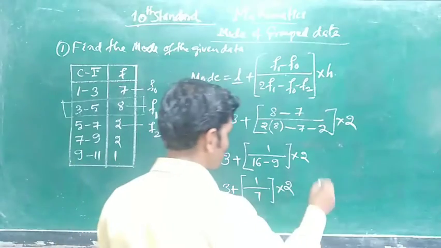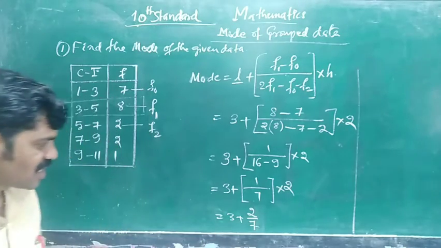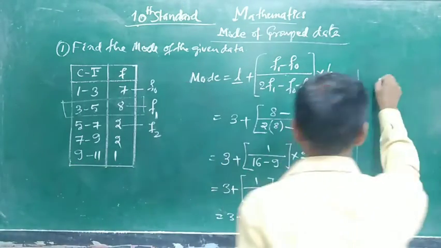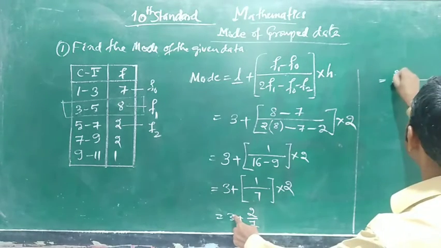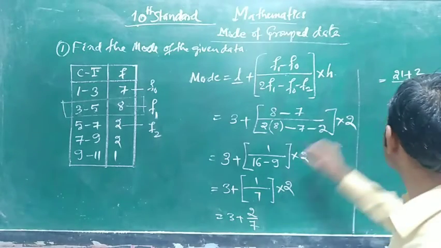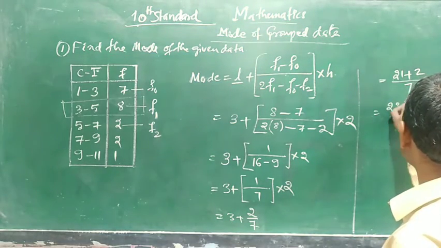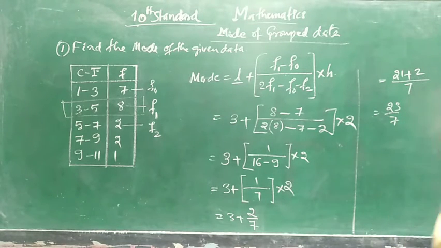Okay, so we'll continue this. That is equal to, 7 is the LCM, 21 plus 2, that is equal to 23 by 7. 23 by 7 is the mode.